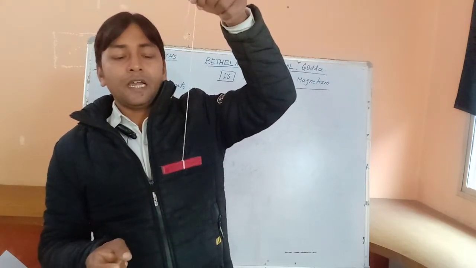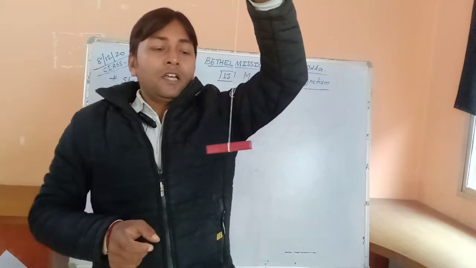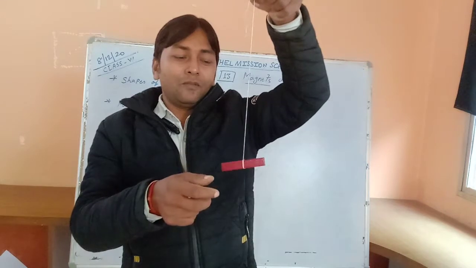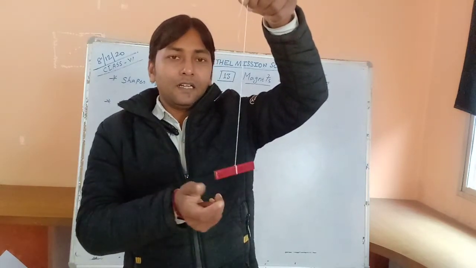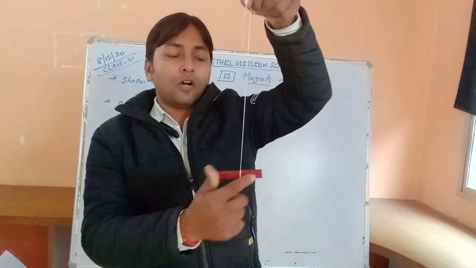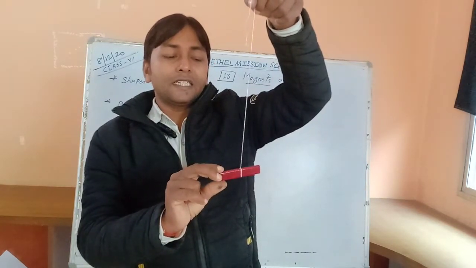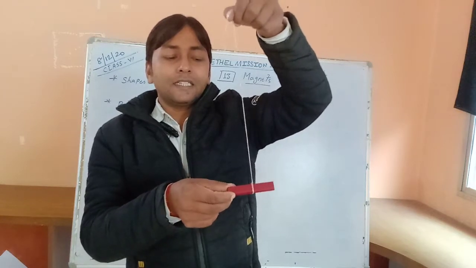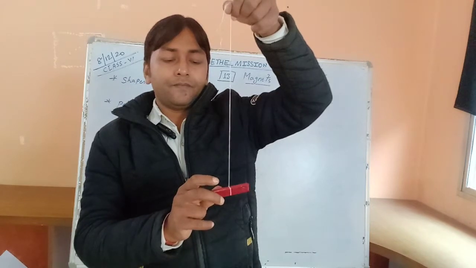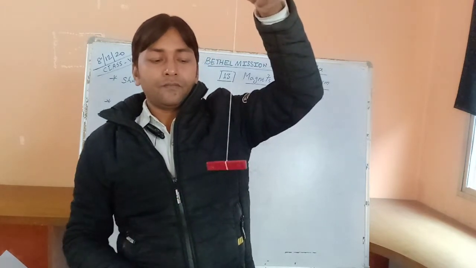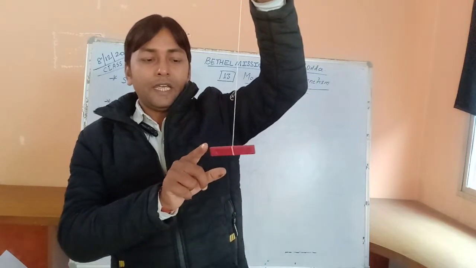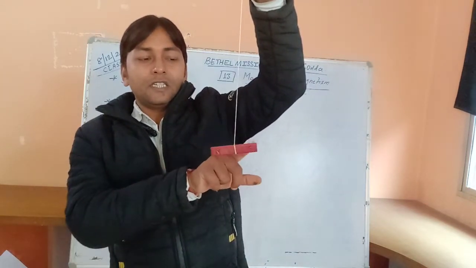Now you can see that perhaps I tied it by mistake, but this is north and this is south. N is written on this side, south is written on this side.